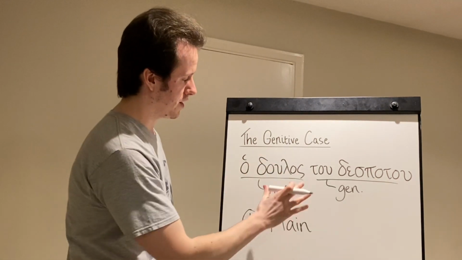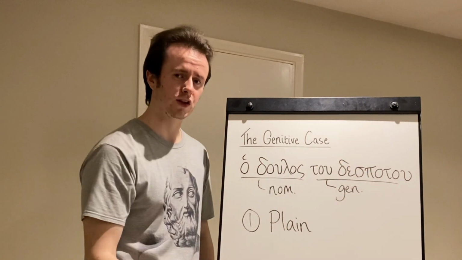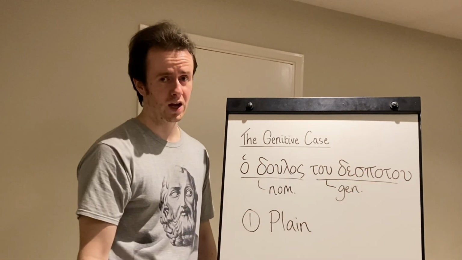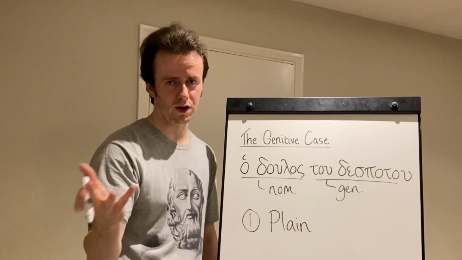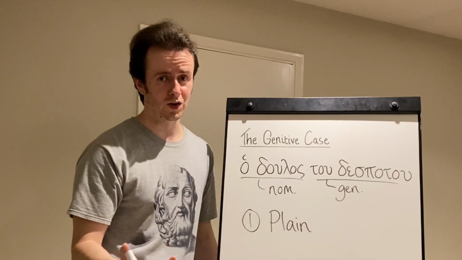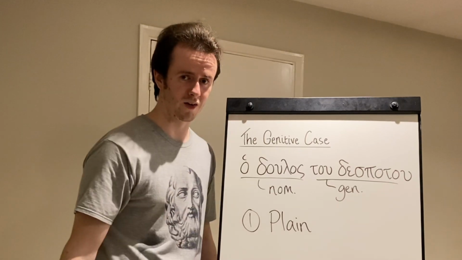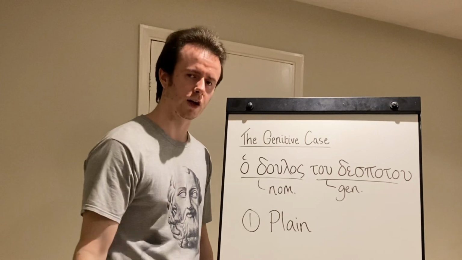So for instance, this sentence could be tou despotou ho doulos. You could see the genitive on the other side, and it would still mean the slave of the master, or the master's slave. Because it's the cases that matter. The word order is flexible in Greek. There are some restrictions on word order, but in general it's very flexible.